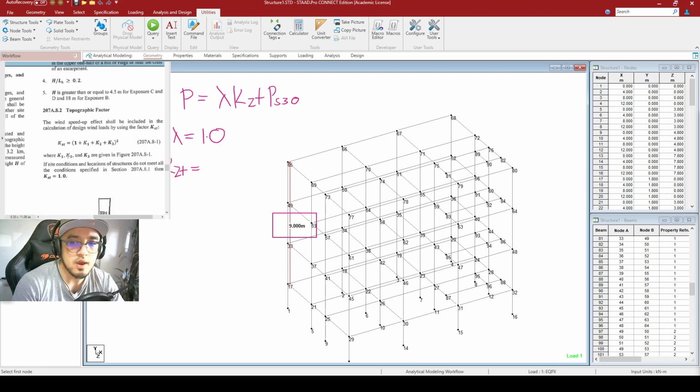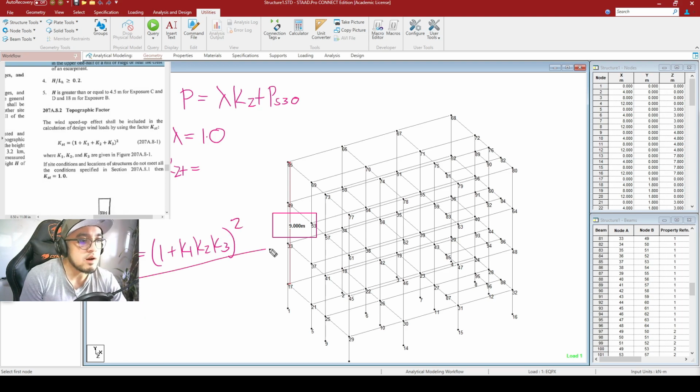If you look here, it is indicated that KZT is equal to 1 plus K1 plus K2 plus K3, but I think that is erroneous. And the correct formula for KZT is 1 plus K1 times K2 times K3 squared. So this is to be the correct formula for your KZT.